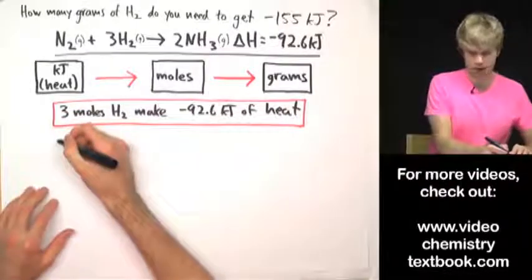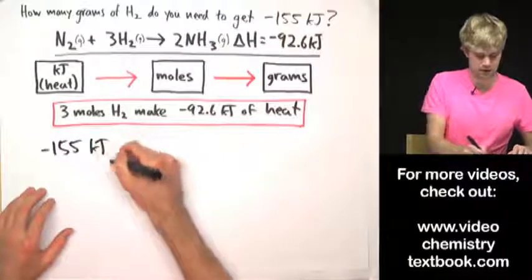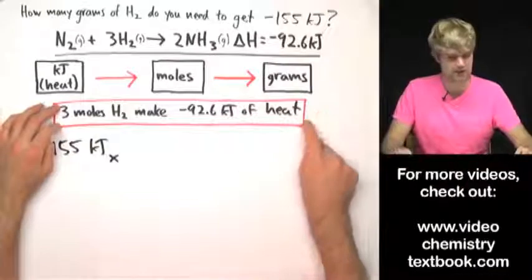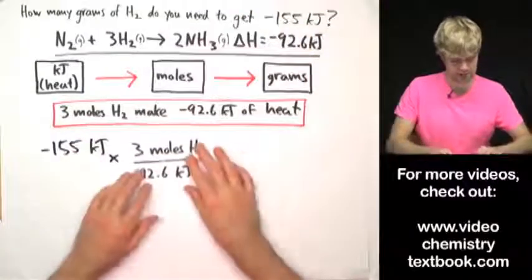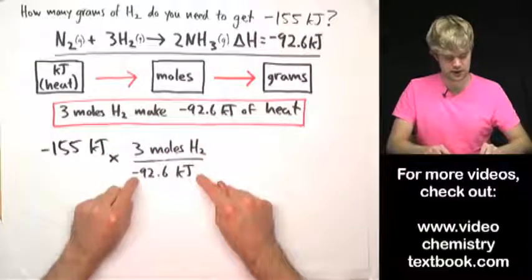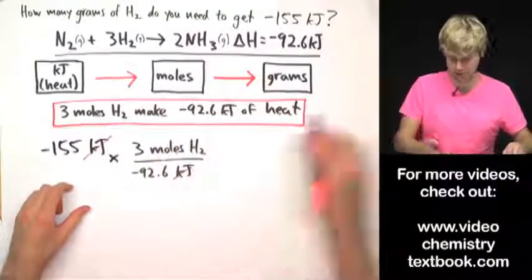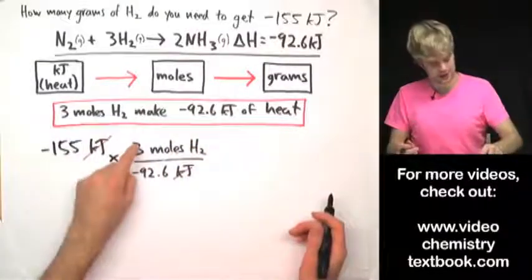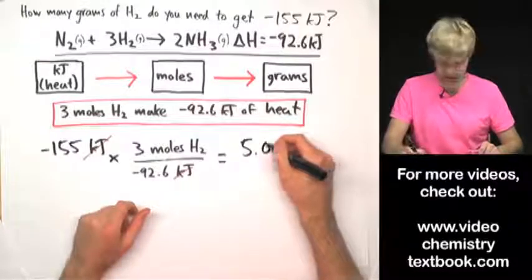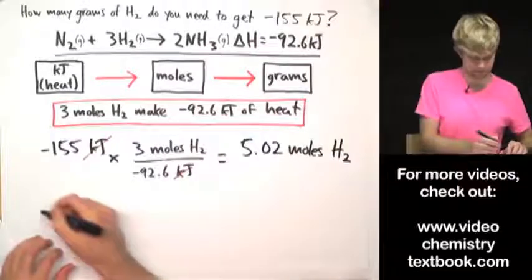So I'll be starting with negative 155 kilojoules, and I'll multiply it by a conversion factor that says this information. Okay, here it is. 3 moles on top, 92.6 kilojoules on the bottom. Kilojoules, kilojoules, they cancel out. I do the math. This times this divided by this is going to give me 5.02 moles of hydrogen.